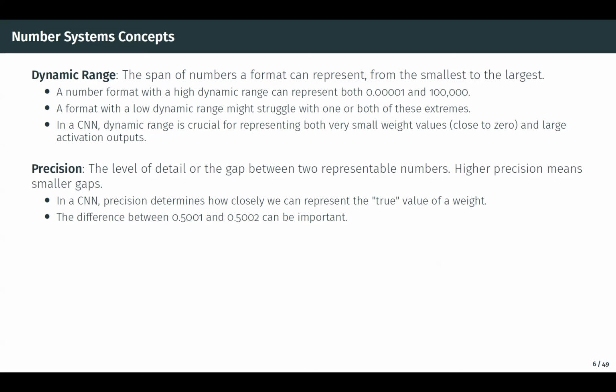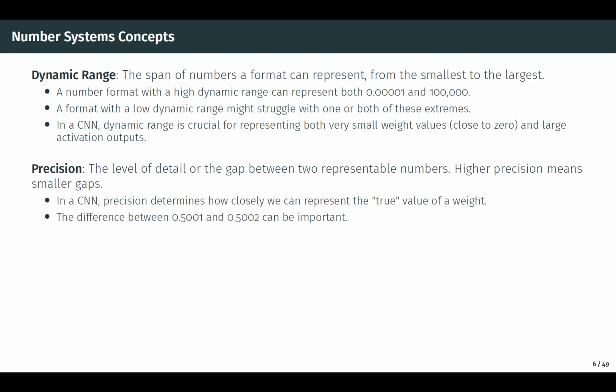The other concept is precision. This is the level of detail in the number system, the gap between two representable numbers. High precision means smaller gaps, the small steps we take to move to the next representable number.